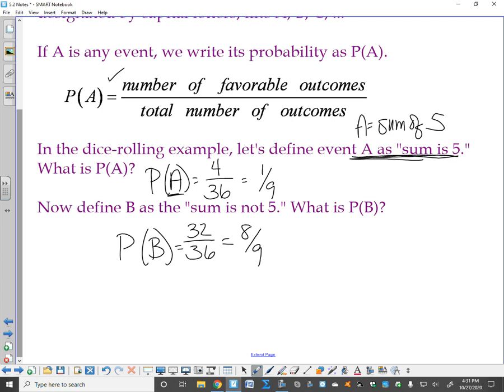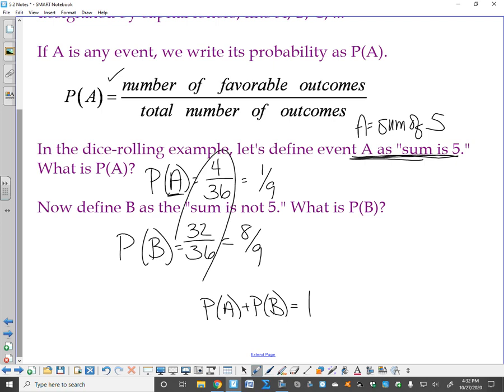Now, notice something. Probability of A plus the probability of B equals what? 1. Because those two events use every single outcome in the sample space, and as we discussed earlier, the probability of every outcome in the sample space has to add to 1.